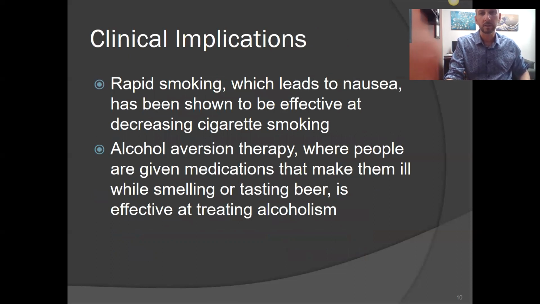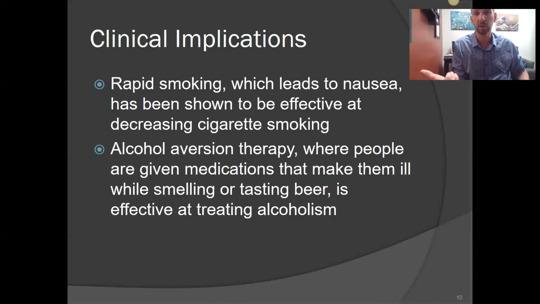Now, clinically, what do you do with this? There are some implications. They've shown that if you use rapid smoking, and maybe you've seen this on TV and in movies, this actually can work. If you get someone to smoke very quickly, which leads to nausea, right?